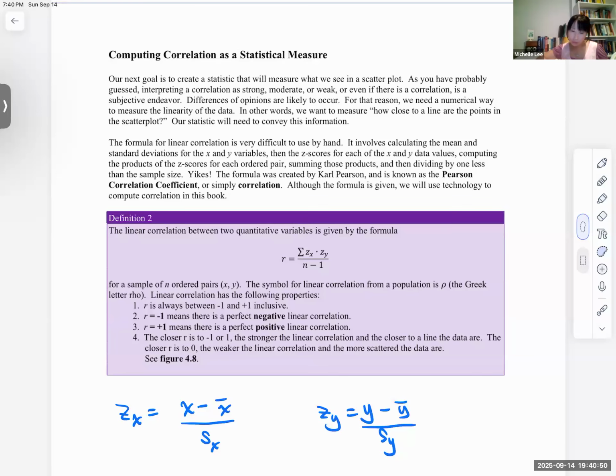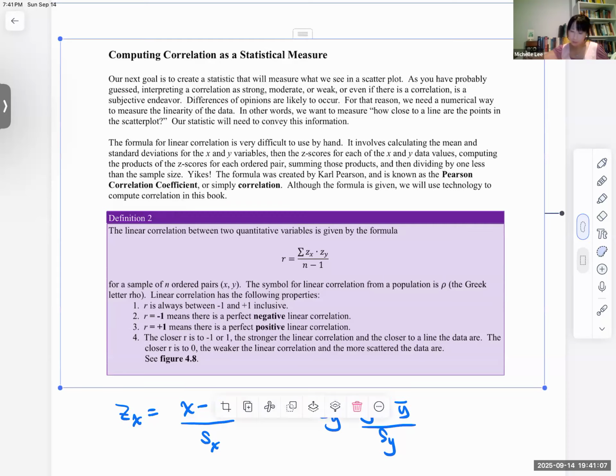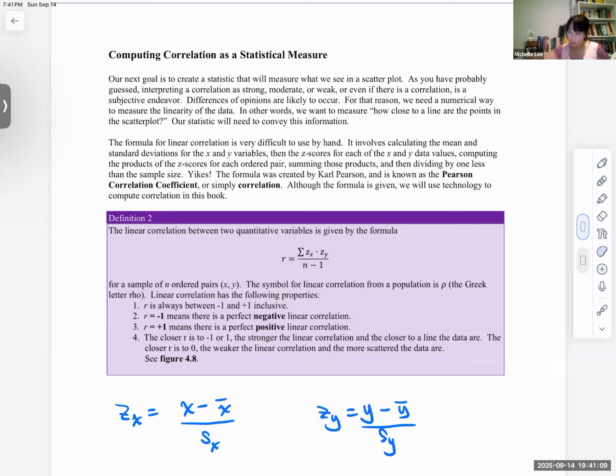Okay, so we have computing correlation. So there is a name. We can use linear correlation, or some textbooks indicate the Pearson correlation coefficient. But it's too long, so correlation, or linear correlation, or linear correlation coefficient.